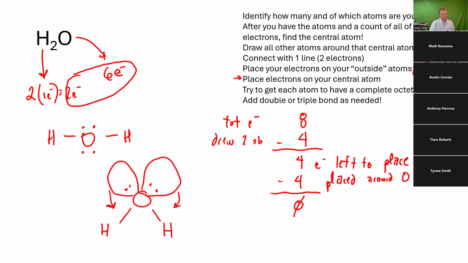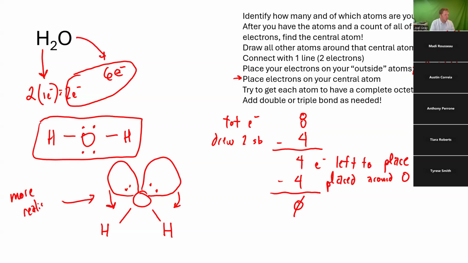We're going to get into this a little later when we talk about molecular geometry. But for the purposes of building a structure, if you see this, consider that okay, I'm good to go. This is more realistic because it illustrates more realistically what's going on.